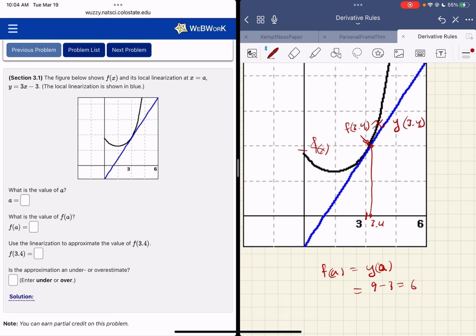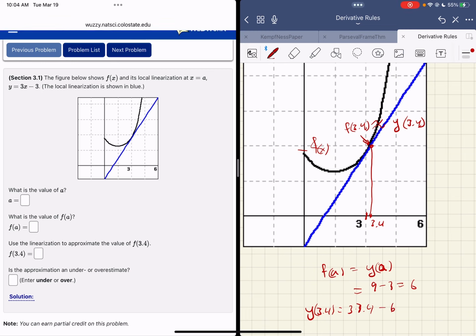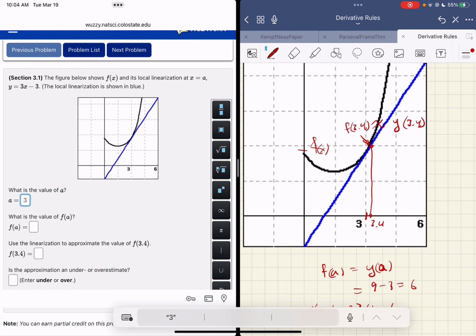So I'm just going to plug 3.4 into my equation for y. So y of 3.4 is 3 times 3.4 minus 6. Let's go ahead and enter all of those. So we have 3, and this was 6, and this is 3 times 3.4 minus 6.